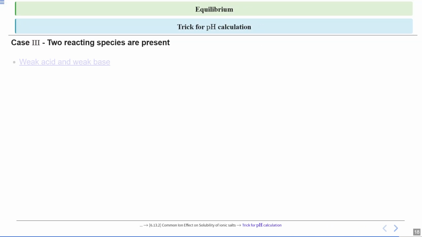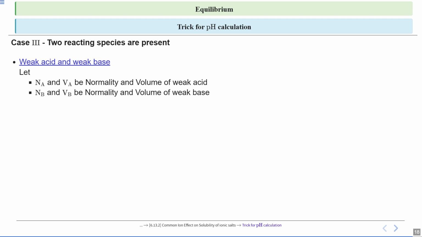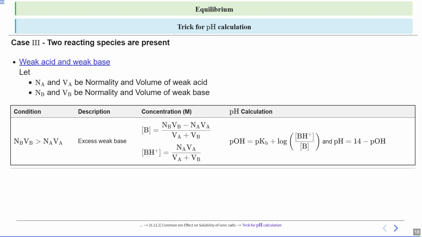Moving on to the last case of this weak acid and weak base. If we again consider NaVa be the normality and volume of the weak acid and NbVb be normality and volume of the weak base, then to calculate the pOH, how do we do it? We'll simply take the buffer solution. Why are we taking buffer solution?